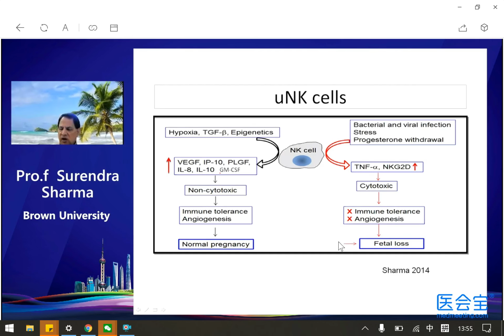So these cells are quite detrimental in the context of viral or bacterial infections.